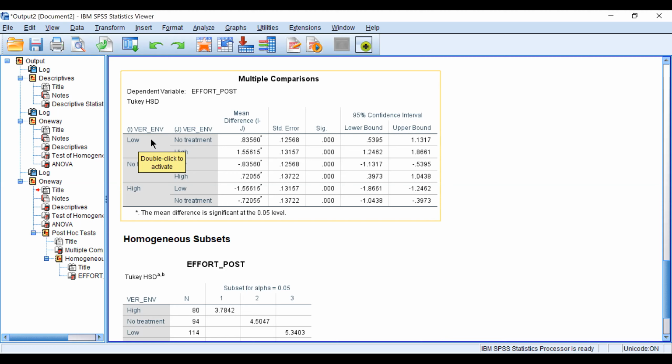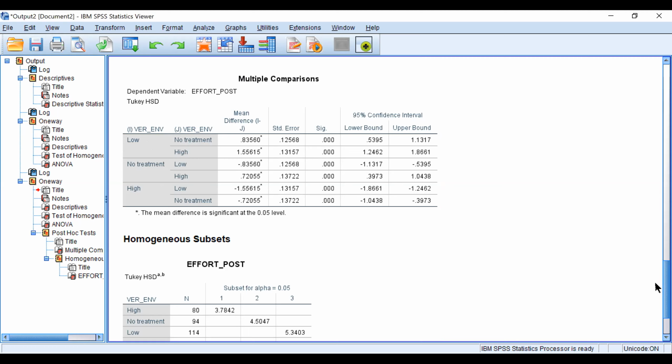Low is stronger on effort than none. It's stronger on effort than high. Some of these are redundant. No treatment is stronger than high. That's a new one, but the rest of them are just replicants with the comparison in the other direction. So that's a post hoc test.